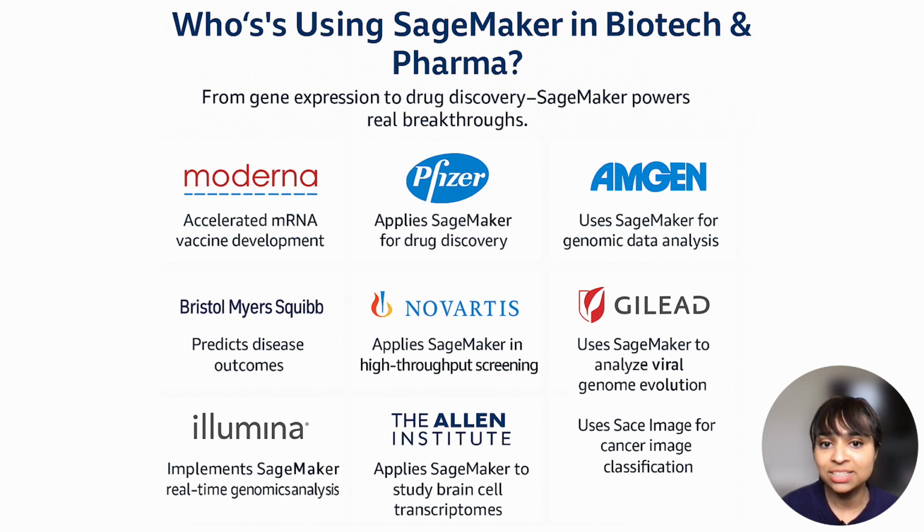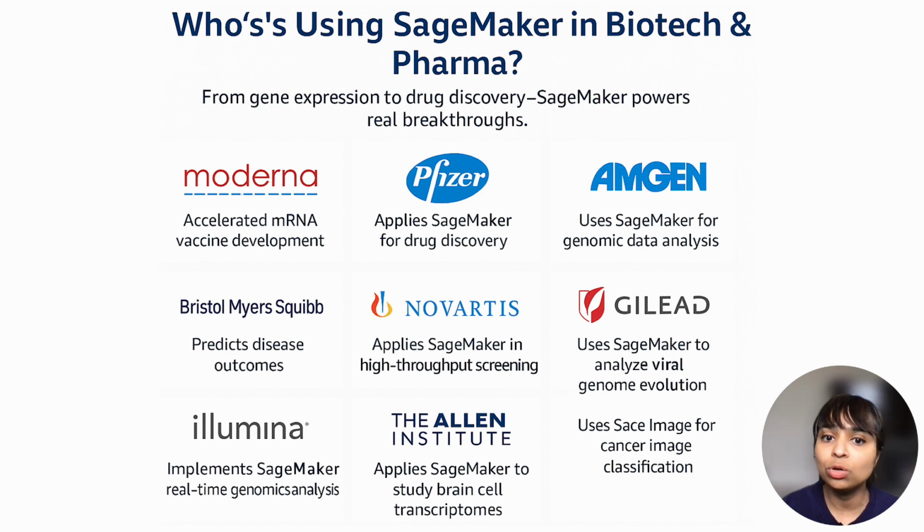And the best part is, you don't have to be a Fortune 500 company to get started. Anyone in the lab, whether you are in Canada or in the US or UK or anywhere else, can launch SageMaker from your laptop and begin analyzing real biological data with machine learning. So what's next? In the next two videos, we'll go hands-on together.